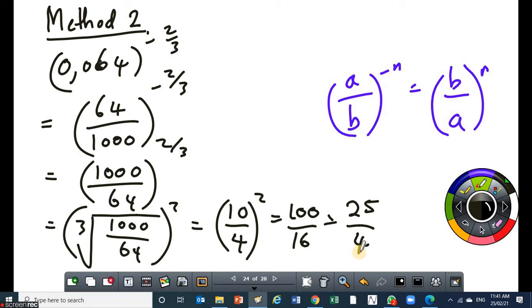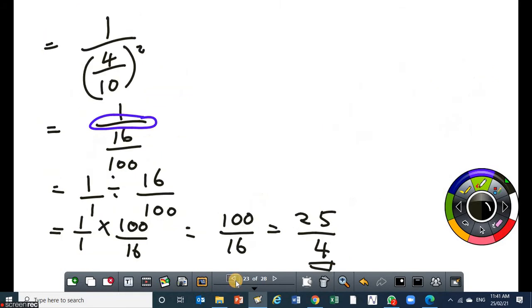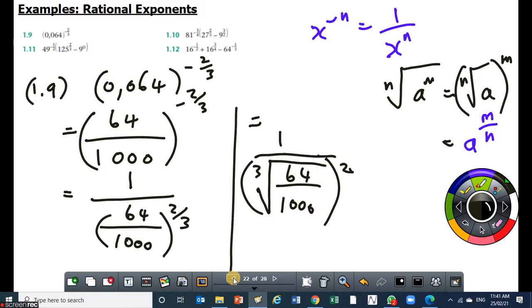I don't know about this 3. It comes from the law or definition that I gave you yesterday, the one that I wrote here. It's the n. That n there is the denominator of that fraction.